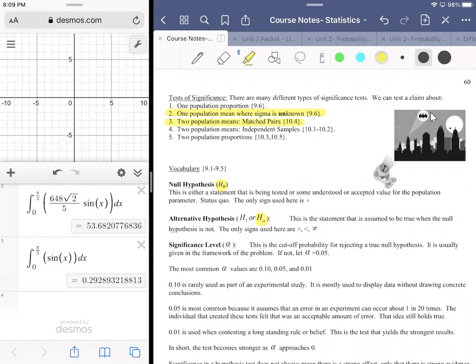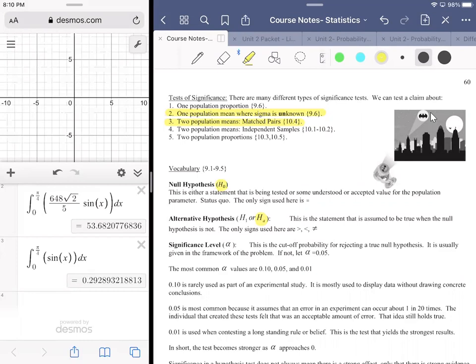All right, so if we say that a hypothesis involves an equality, so if I say here's my claim, I think that the average number of people who experience a serious cough is 12.